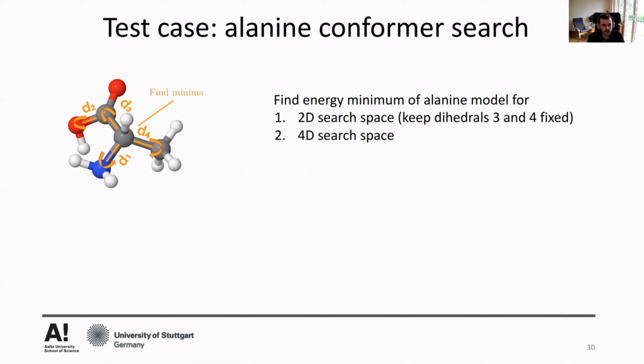In particular, I wanted to find the global minimum of the potential energy surface that is spanned by these 4 dihedral angles. I applied Bayesian optimization to a scenario where I keep 2 of these 4 dihedrals fixed, and another scenario where I optimize over all 4 dihedrals. This enabled me to test how multi-fidelity Bayesian optimization performs in dependence of the search space dimension.